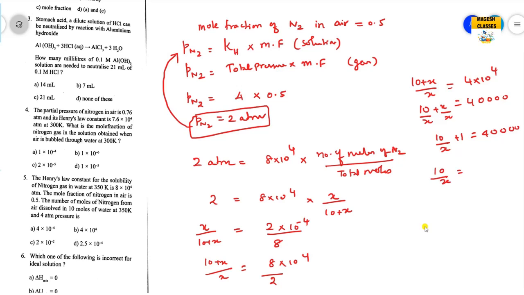Otherwise, 10 by X is equal to 39,999, subtracting 1. Taking this as approximately 40,000, X is equal to 10 divided by 40,000, which is 1 by 4 into 10 to the power of 4 times 10, so this will be 2.5 into 10 to the power of minus 4. Clear?